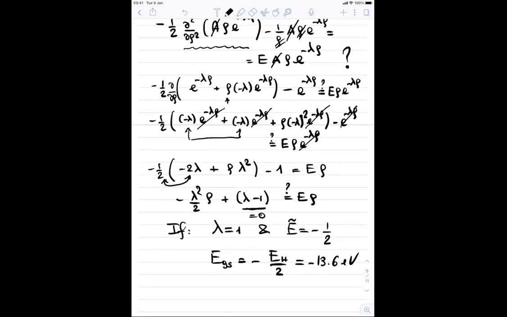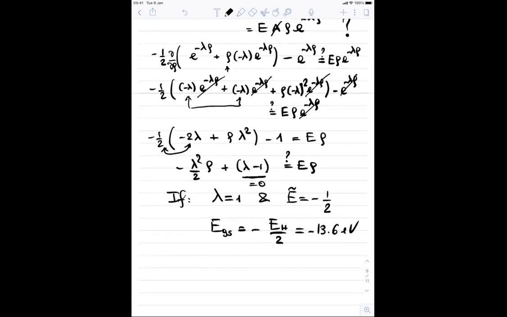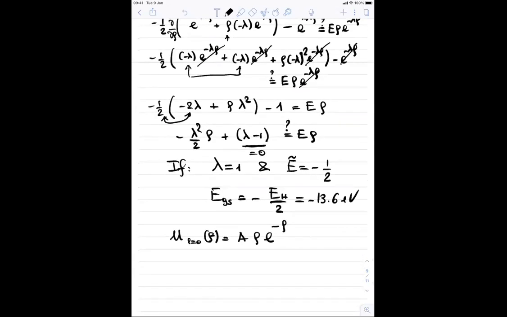And lambda equal 1 means that the function that I get is an L equals 0 function, first of all, and it is equal to A rho e to the minus rho. Well, it is equal to A rho, which is R divided by the Bohr radius, times e to the minus R divided by the Bohr radius.